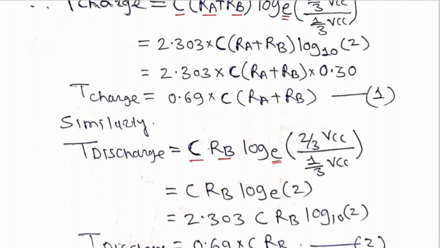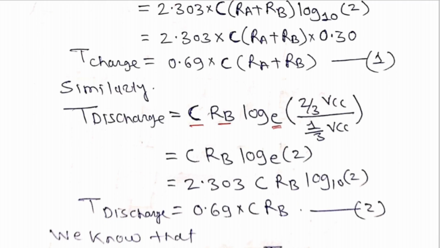Now just one step ahead, simple mathematics: T is equal to 2.303 into C into bracket RA plus RB into 0.30. Multiply this 0.30 with 2.303. You will get T charge equal to 0.69 into C into RA plus RB. This will be our equation number 1 for T charge.